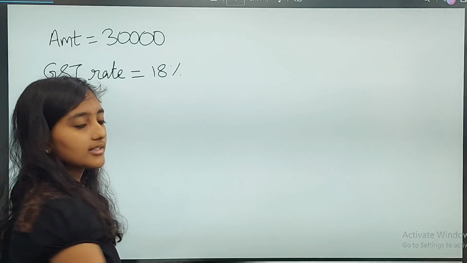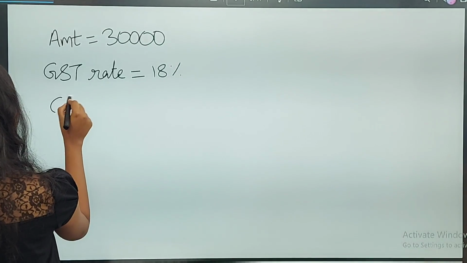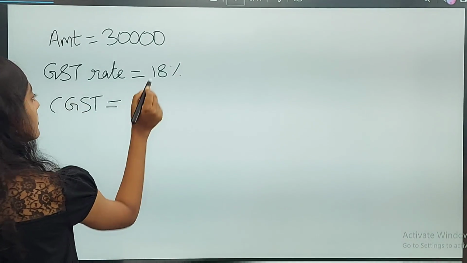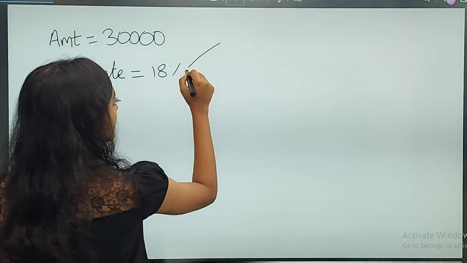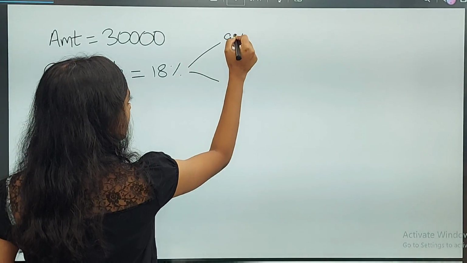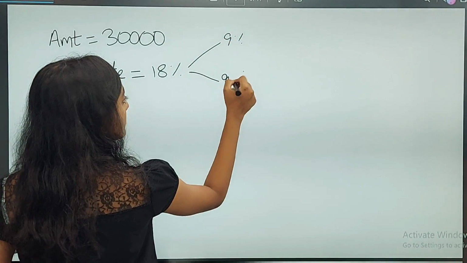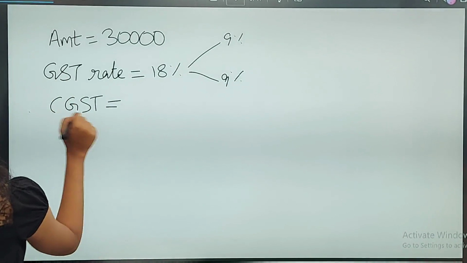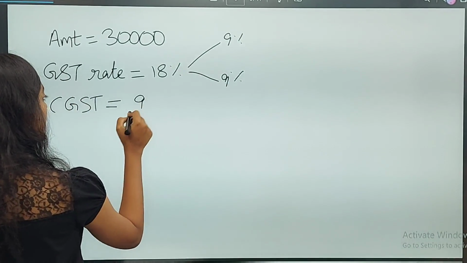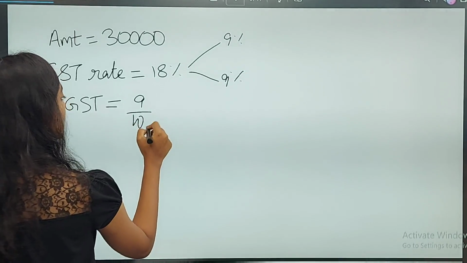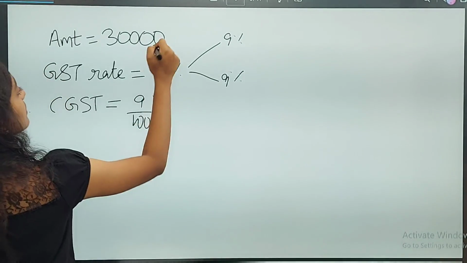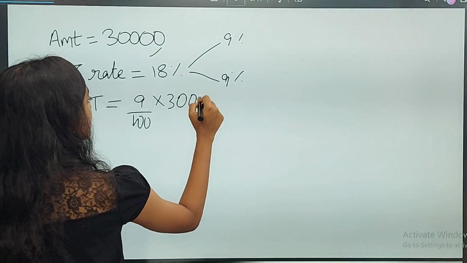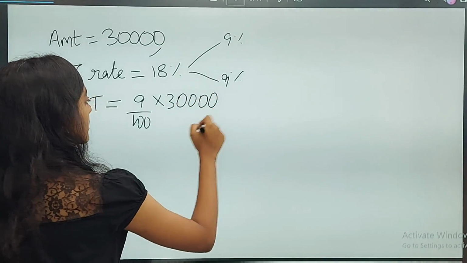So central government is nothing but CGST. What I'm trying to say is that it's 9 and 9, right? Because half to the state, half to the central. So CGST will be nothing but 9 divided by 100 into 30,000, right?